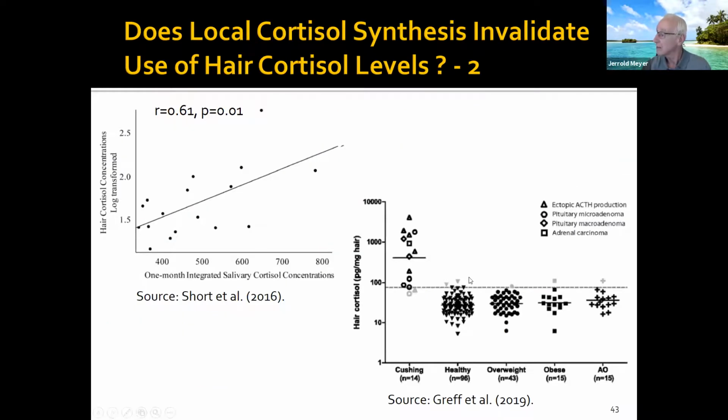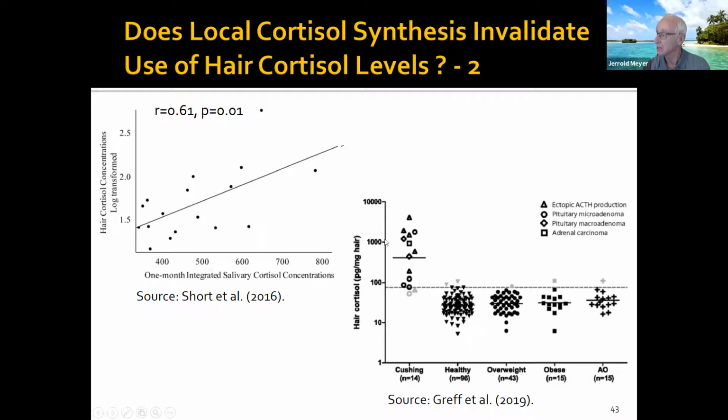And here we see hair cortisol levels, individual data points. This is healthy individuals, overweight, obese, and this is the Cushing, with different sources, different reasons for the Cushing.